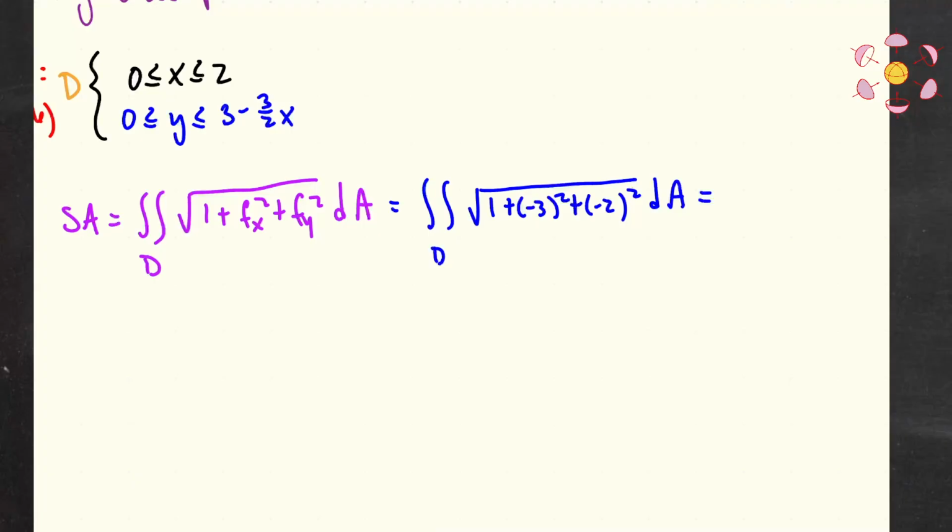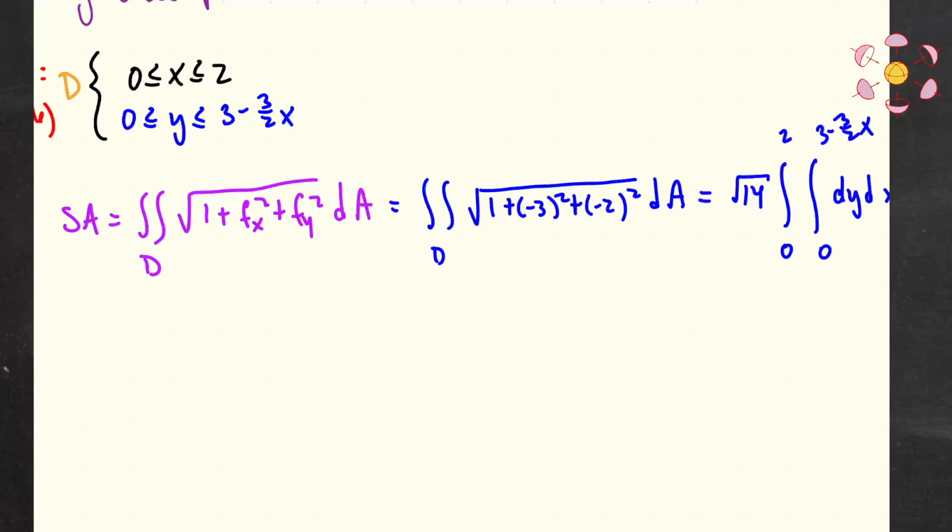Let me do it like this. What is that? 9 plus 1 is 10. So that's root 14, double integral over, since we did this as a type 1, dy on the inside, dx on the outside. Simple variables go from 0 to 2. Complex variables go from 0 to 3 minus 3 halves x.